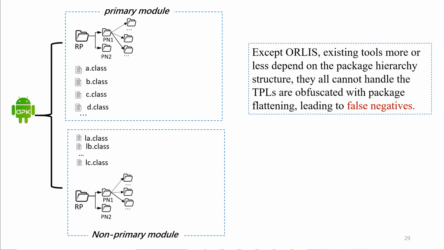This app is obfuscated with the package flattening technology. This obfuscation is very common in real-world apps. But we can say, except Aurelians, existing tools more or less depend on the package structure to build the library instance. Therefore, they cannot handle this kind of situation, leading to false negatives.